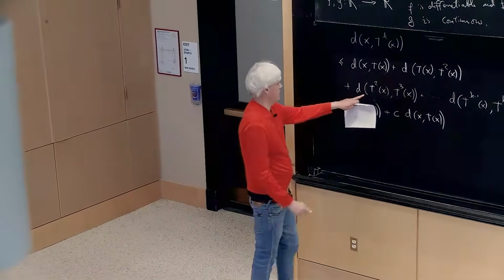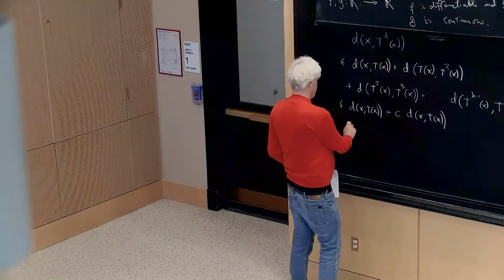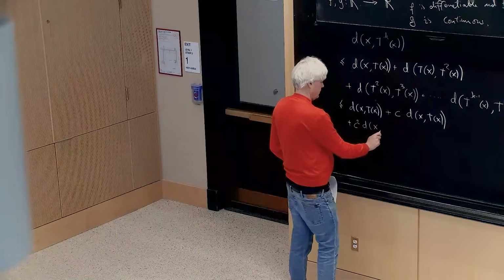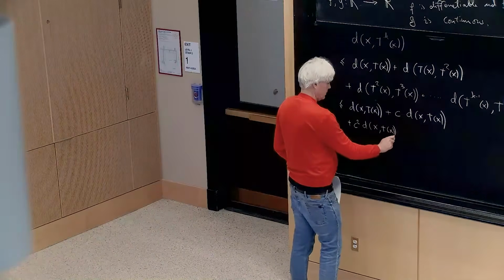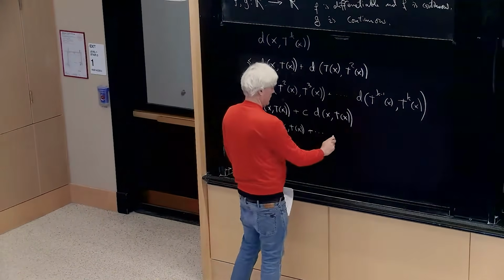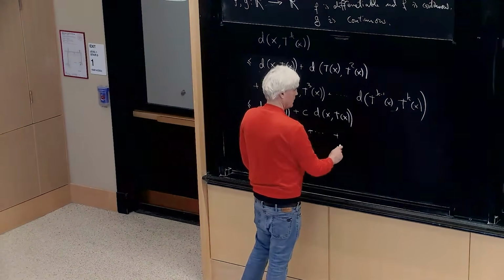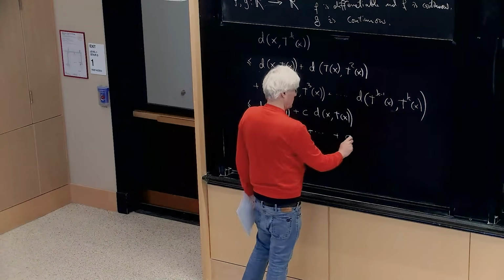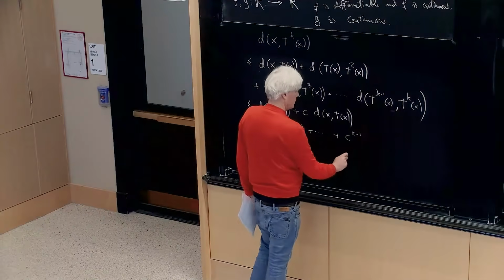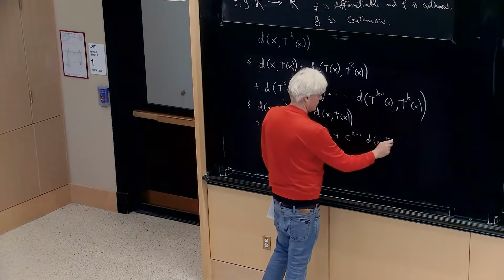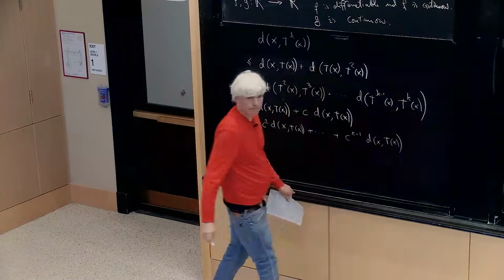The next one is bounded by c² d(x, T(x)), and so on, up to this one, which is bounded by c^(k-1) d(x, T(x)).